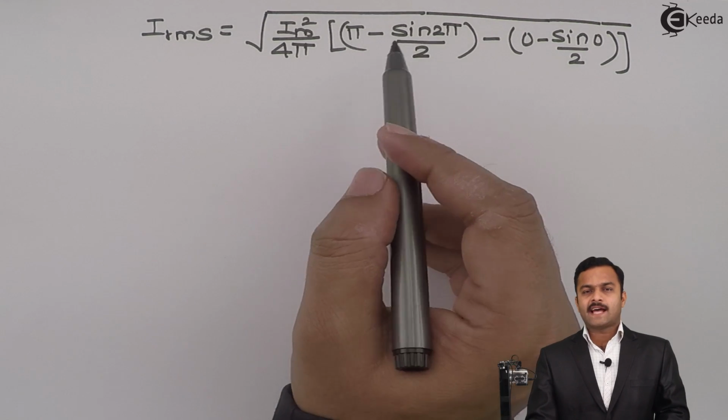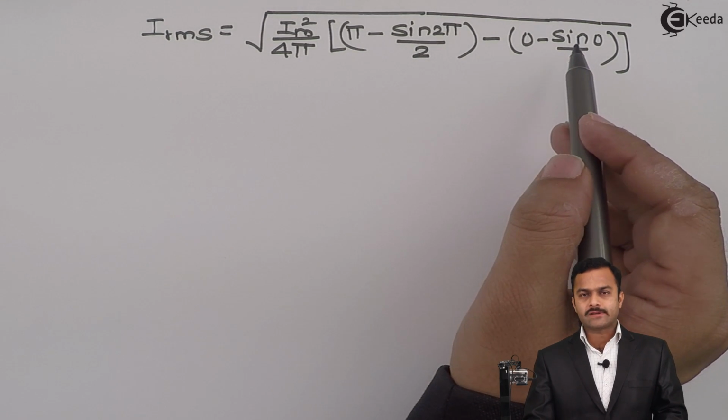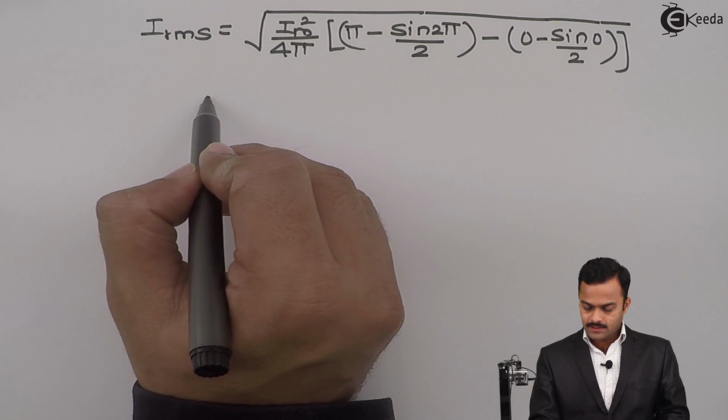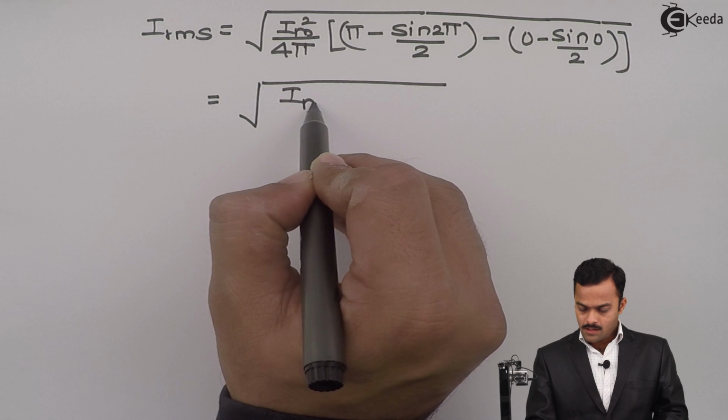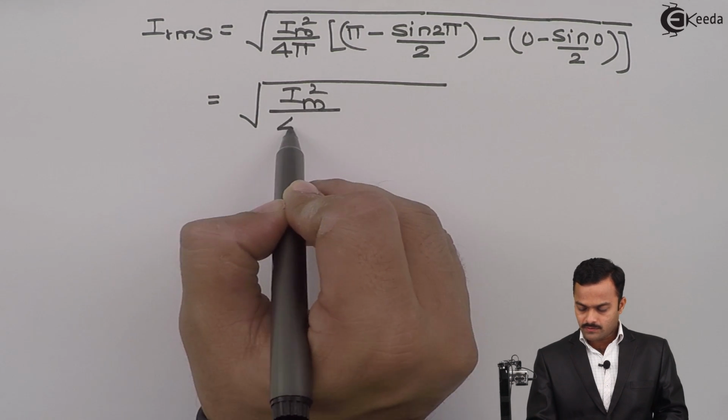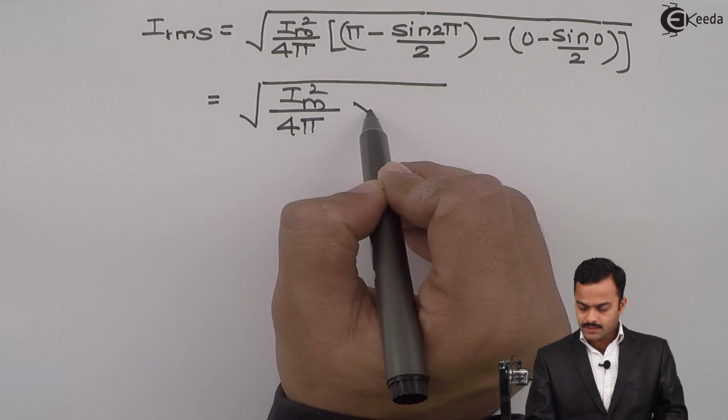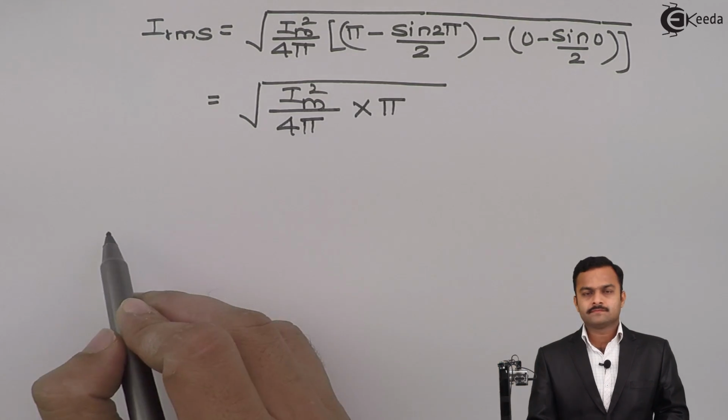As we know, sin 2 pi is 0, sin 0 is also 0, so ultimately this is equal to root of Im square upon 4 pi and in bracket I will just get pi.